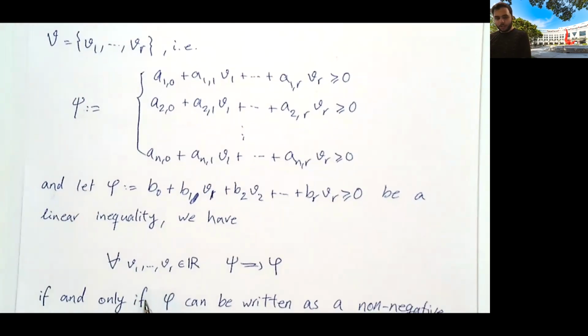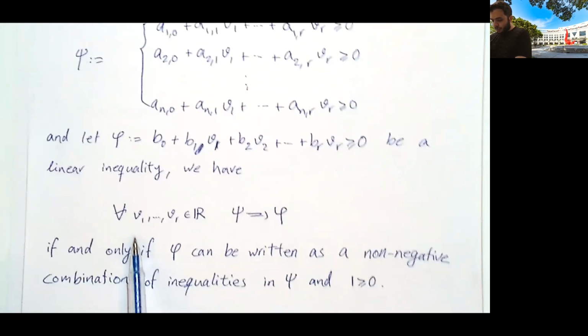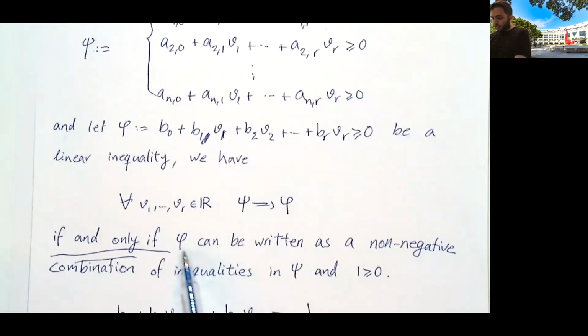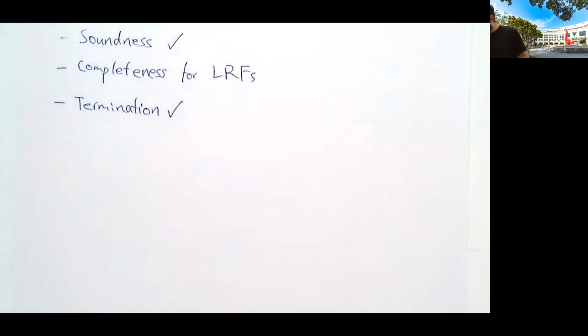The whole point of Farkas lemma is that it says this constraint holds if and only if we can write phi as a non-negative combination and so on. And because this is if and only if, we're not losing completeness there. So we have completeness for linear ranking functions.